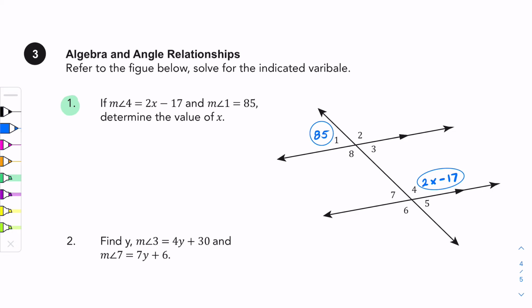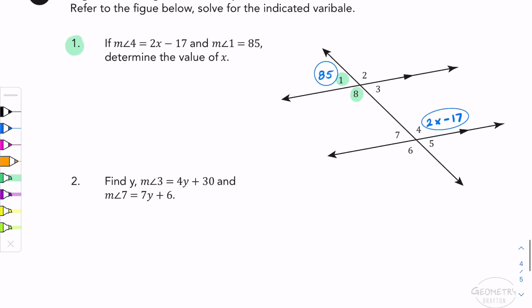So I'm going to work through this and say, all right, well, 1 and 8 are a linear pair. So I know that the measure of angle 1 plus the measure of angle 8 is going to be equal to 180 degrees. And that's the linear pair theorem.